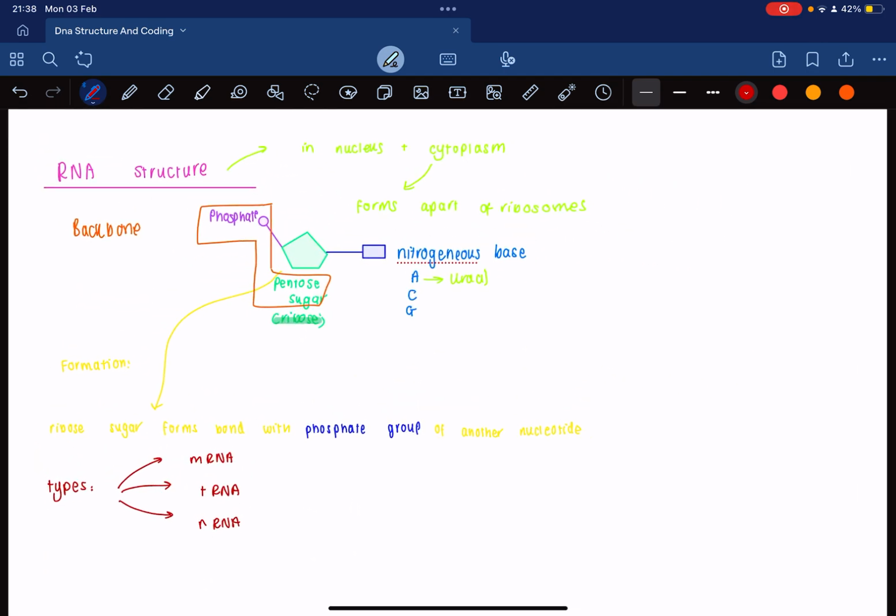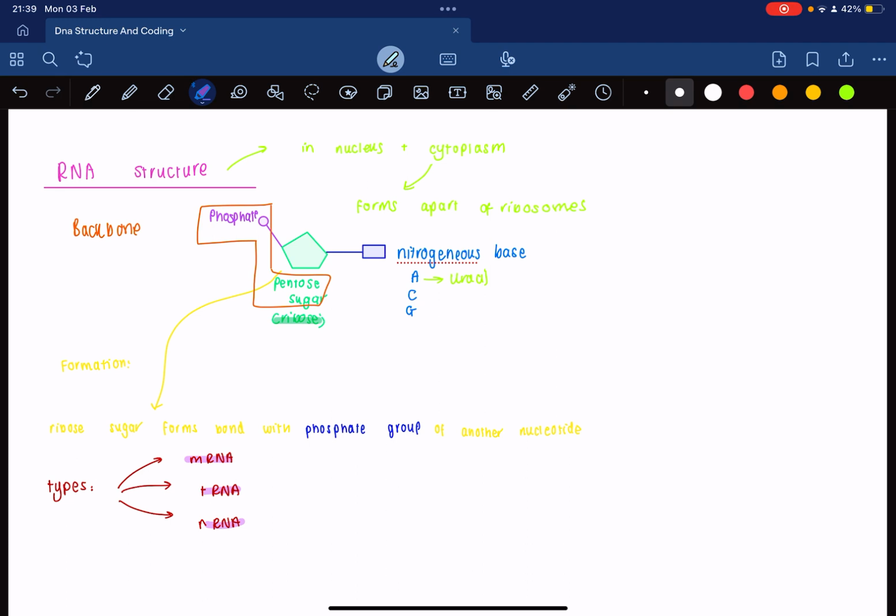What does each one do? First, let's describe the structure of each of these kinds of RNA. Messenger RNA is a single strand with an unlimited number of nucleotides. Transfer RNA consists of a single strand that folds back on itself like a hairpin.